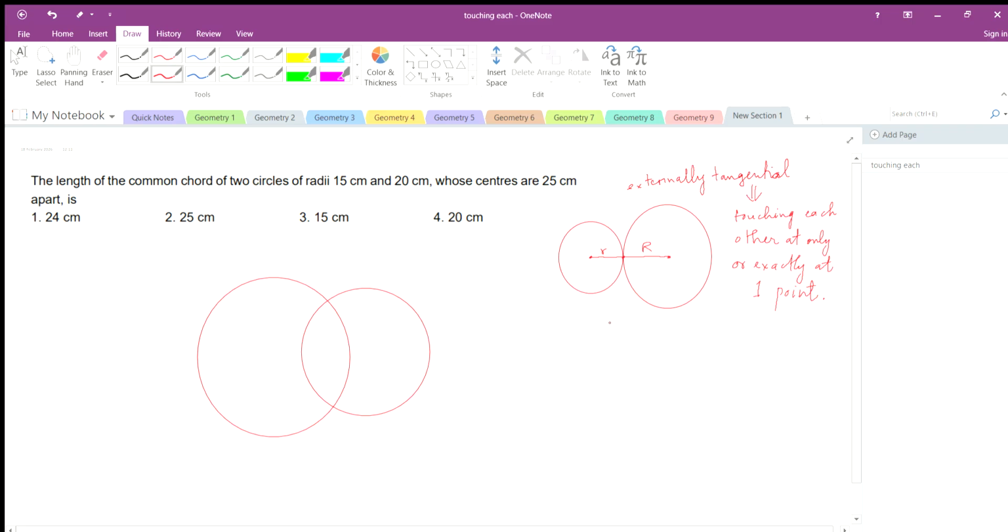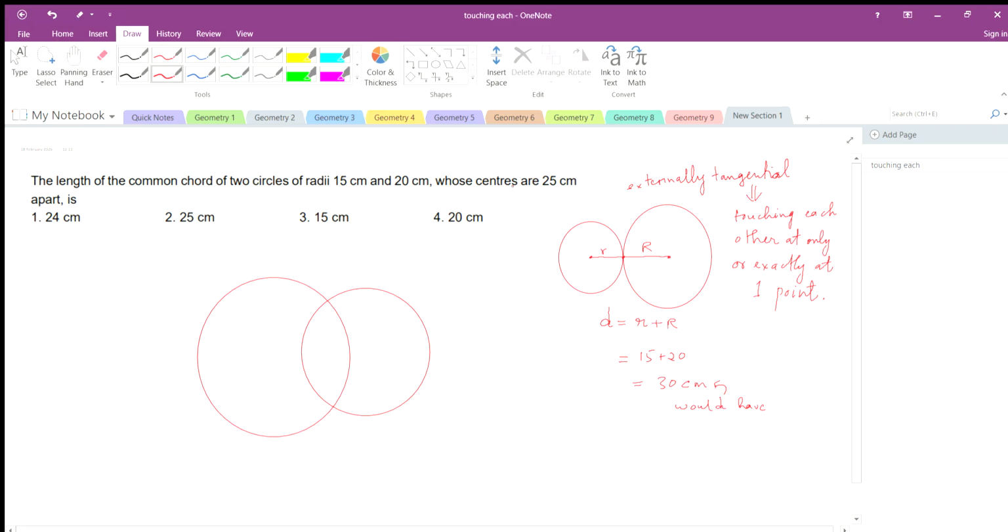So why I am drawing this diagram is to make you understand that the distance between the two centers, suppose I denote the distance as d, will be equal to small r plus capital R. As per the question, I have the radii as 15 and 20, so the distance between the two centers would have been 35 centimeters when the two circles are tangential externally.